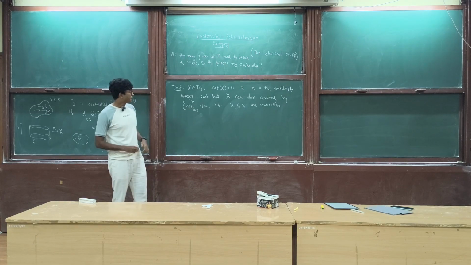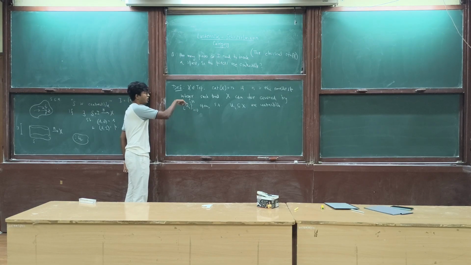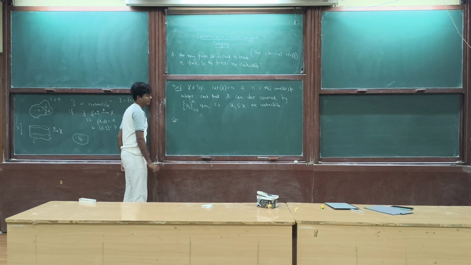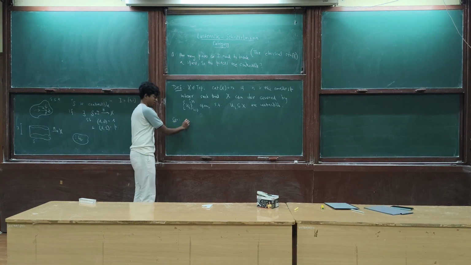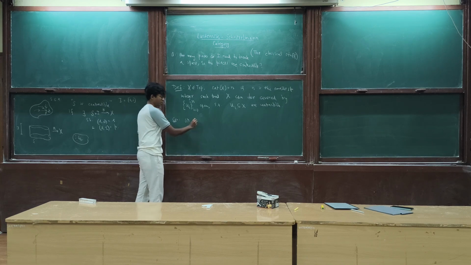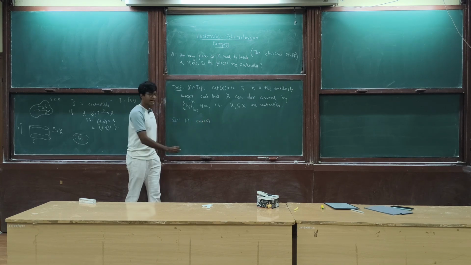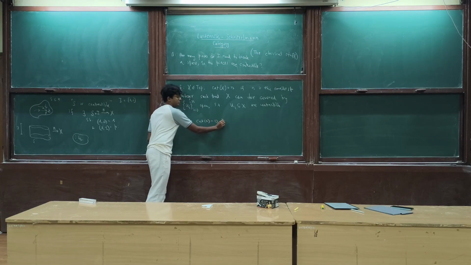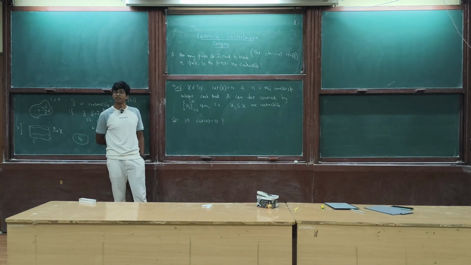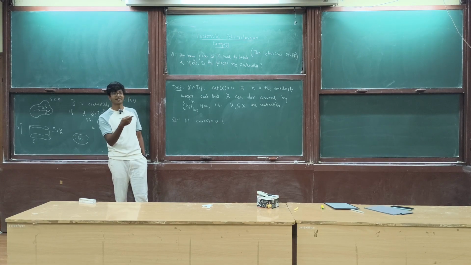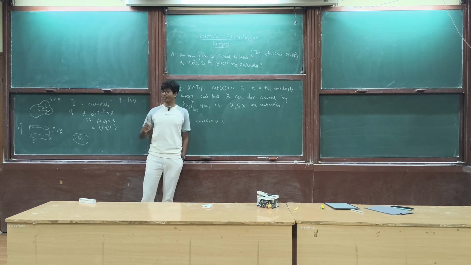But basically, a corollary of this is, first, what does it mean when cat of X is 0? X must be homotopic to a point.